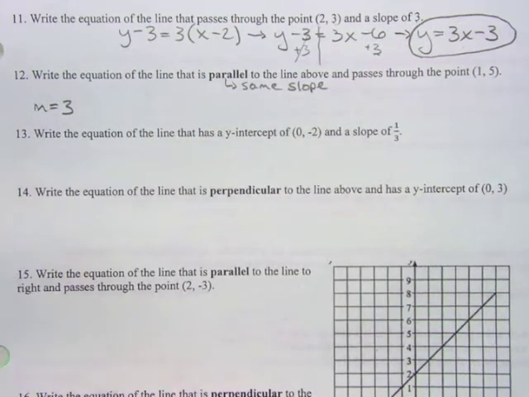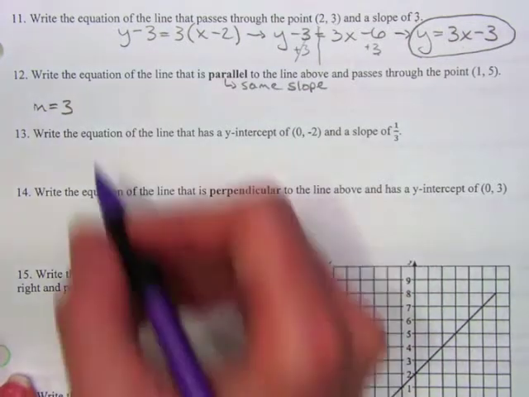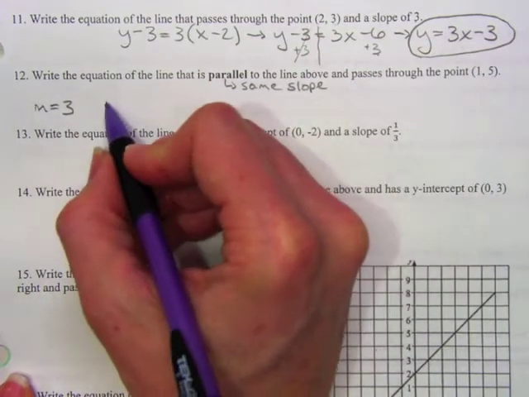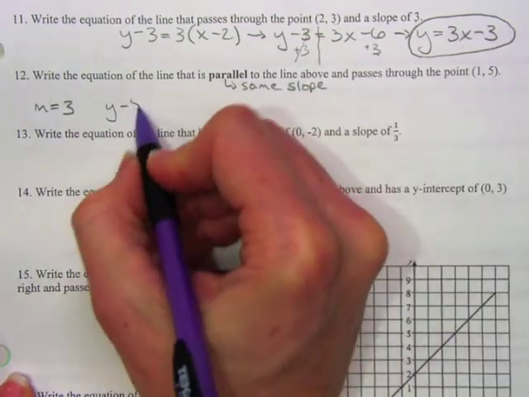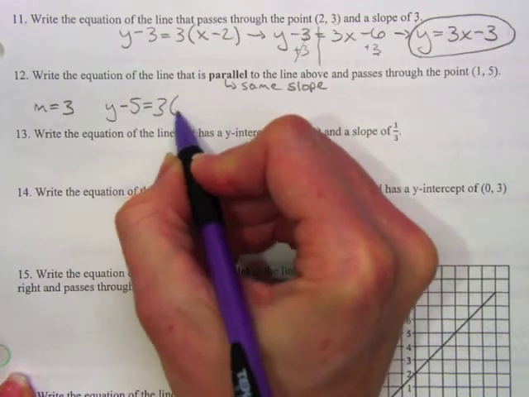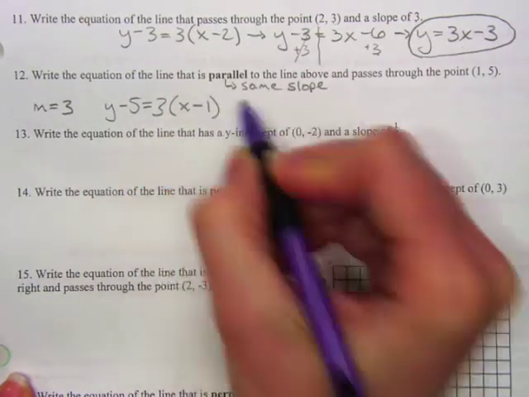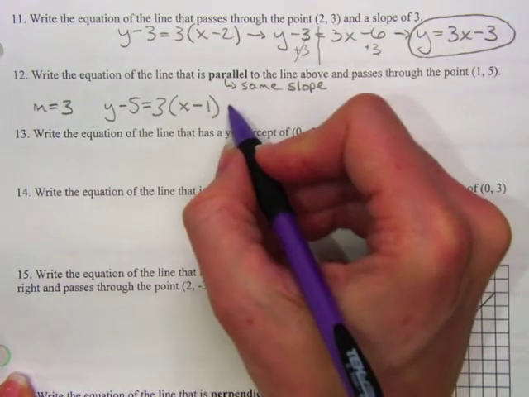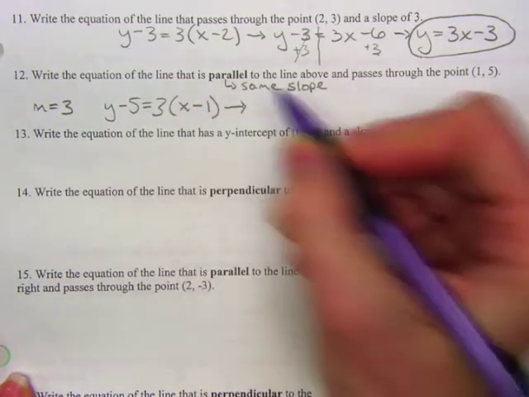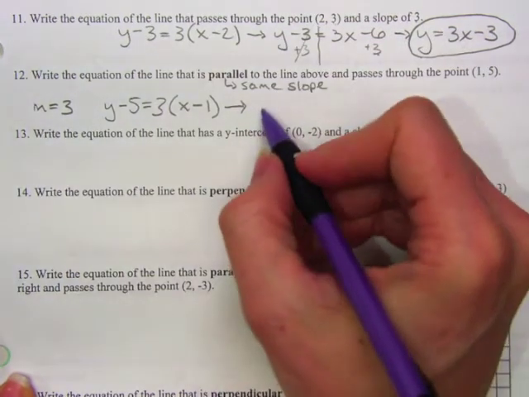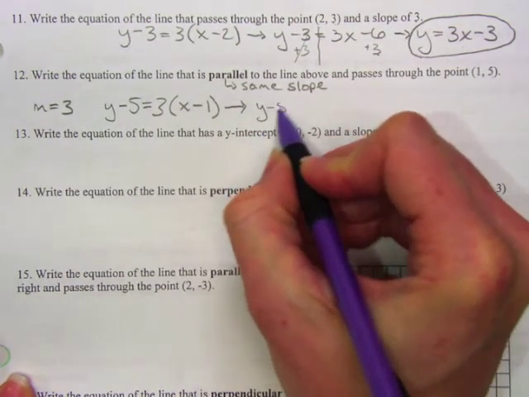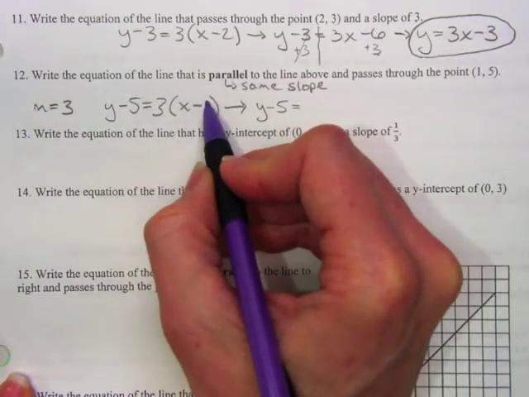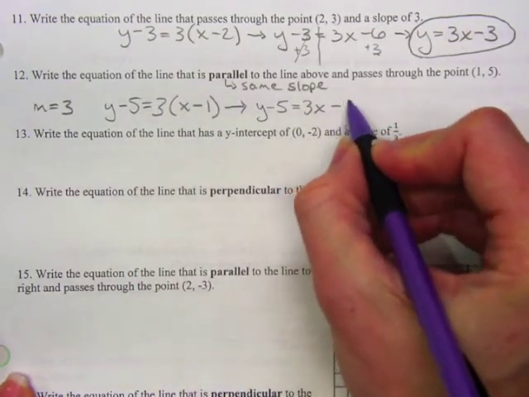And now we're going to go ahead and actually write the equation of this line. So we start with our point-slope form. As always, we know slope, we know a point. So y minus the y value of this point equals slope times x minus the x value of this point. In this case, that x value is 1. And the first step to get to slope-intercept form is always to distribute. So the left side doesn't change. We're still y minus 5. On the right side, I'm going to multiply 3 times the x and 3 times the minus 1 to get 3x minus 3.